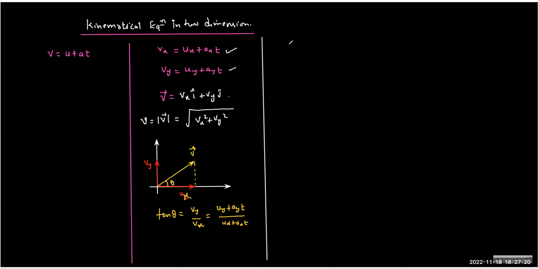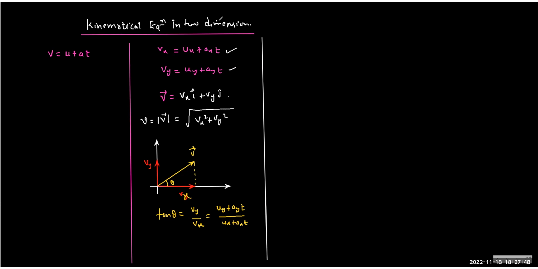Tangential to the projectile path or trajectory. So it is always tangential to the trajectory, or you can say the path of the projectile. So Vy and Vx are components, but V represents the resultant velocity, and it is always directed along the path, along the tangent to the trajectory.